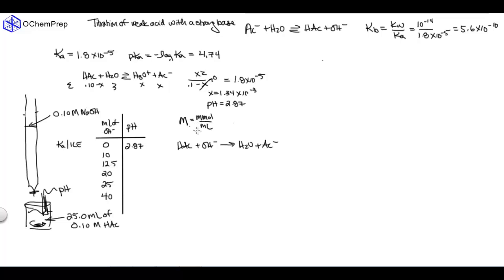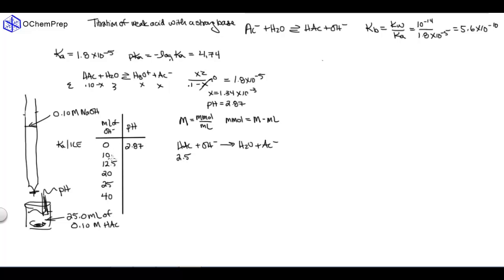So whenever I do titrations, I usually count in millimoles. So millimoles is equal to molarity times milliliters. And so this amount of millimoles will come from right here, 25 times 0.1. So you have 2.5 millimoles of acetic acid.